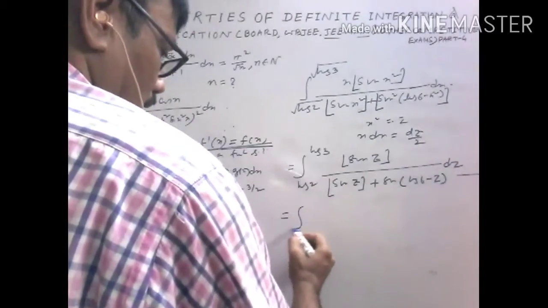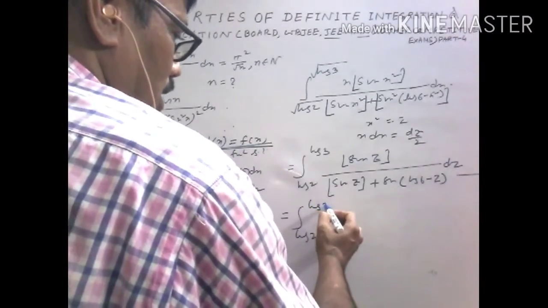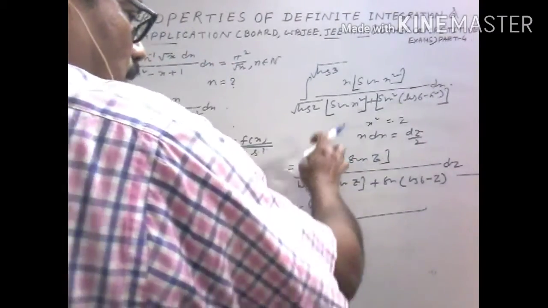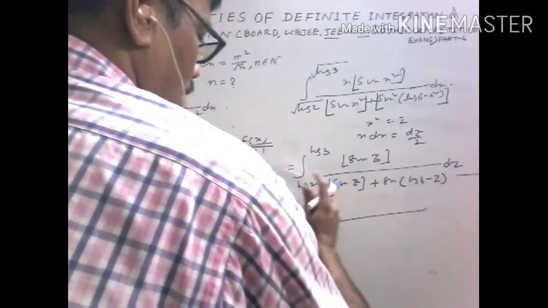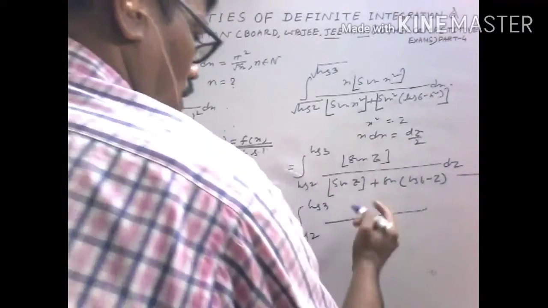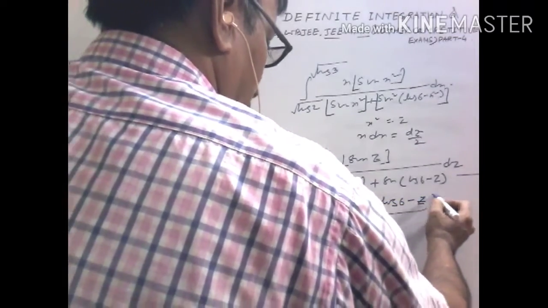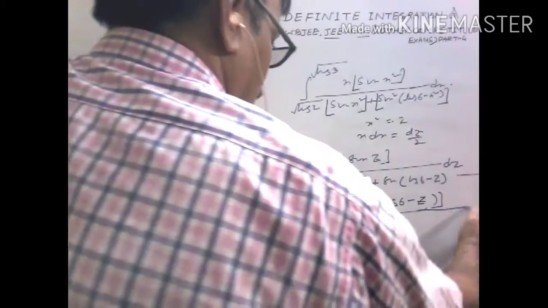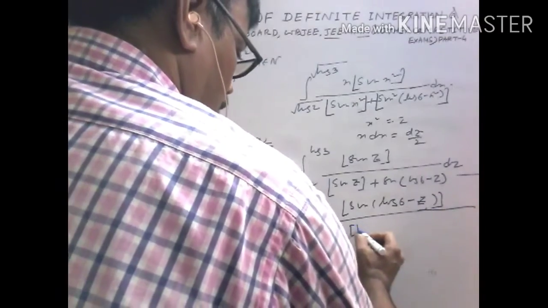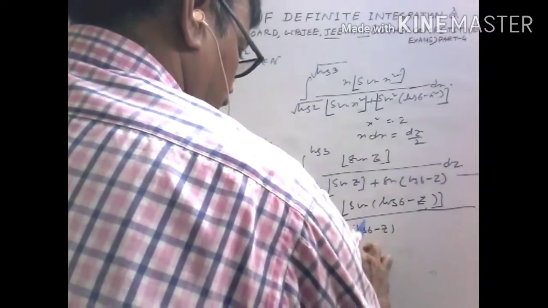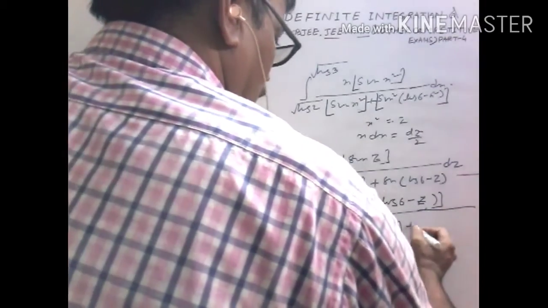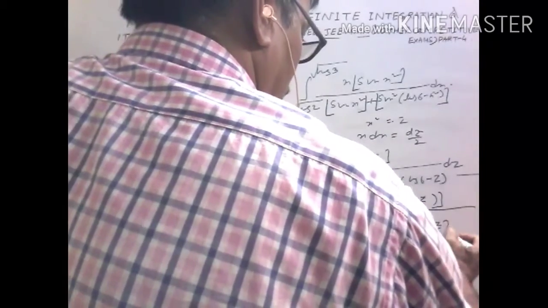Then we replace, look, now it is very simple, replacing z by upper limit plus lower limit minus z. So upper limit plus lower limit, log 2 plus log 3. So sin of log 6 minus z, third bracket, and the denominator is sin of log 6 minus z, third bracket, and this is sin of z, third bracket, dz.